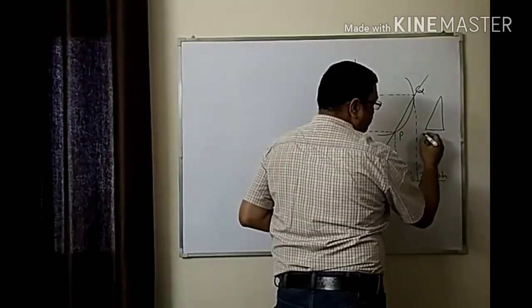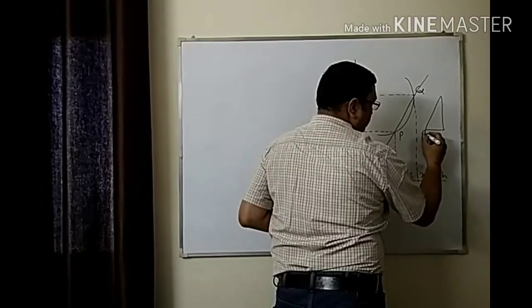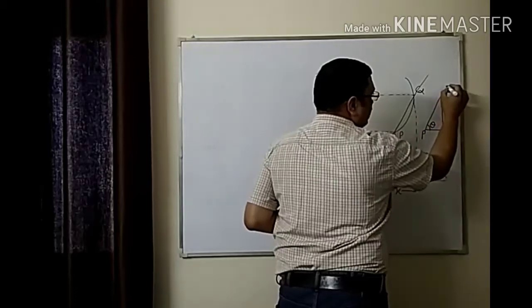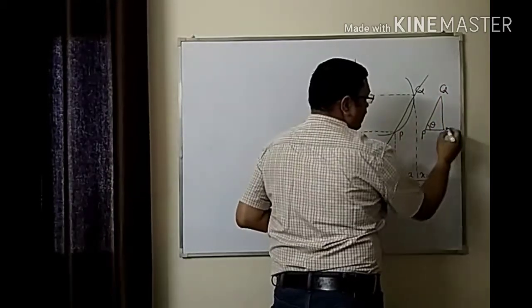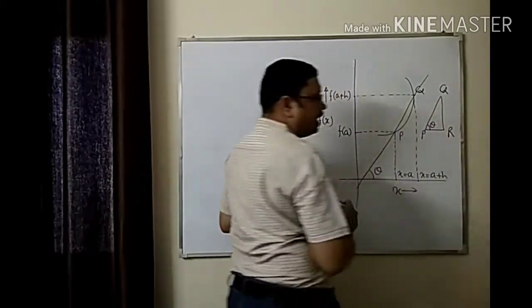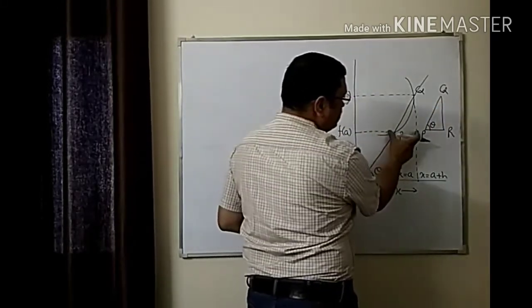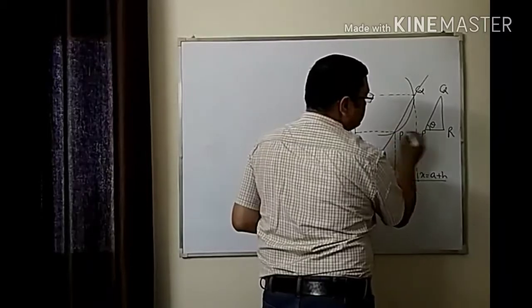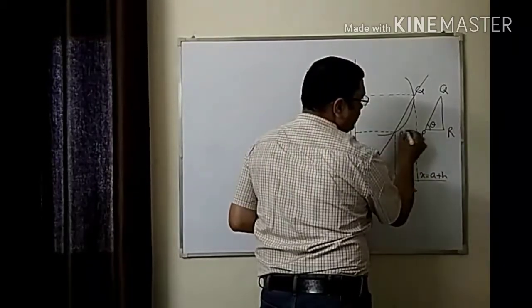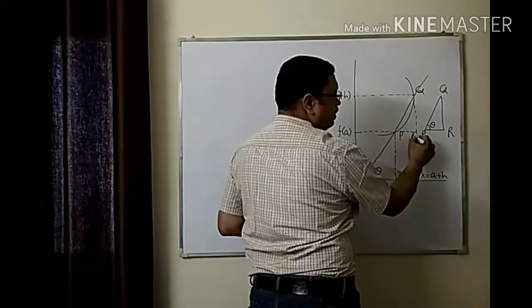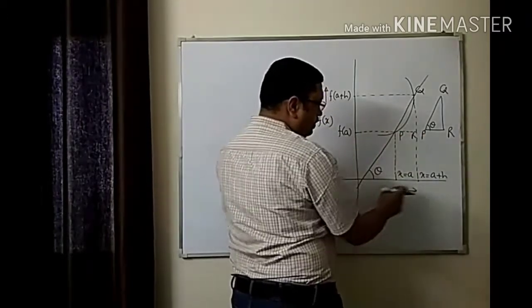Suppose this point P has an angle theta, and this point is Q, and suppose we take that this point is R. I join it with a dashed line. This is the R point. I want to calculate this distance PR.